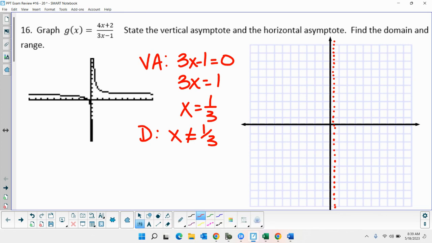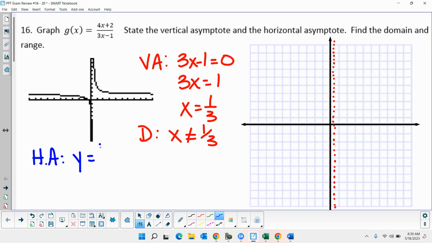Okay, so we got 2 parts of that. The horizontal asymptote is the coefficient of the x in the numerator divided by the coefficient of the x in the denominator. All right, so you got a 4 in front of the x and a 3 in front.